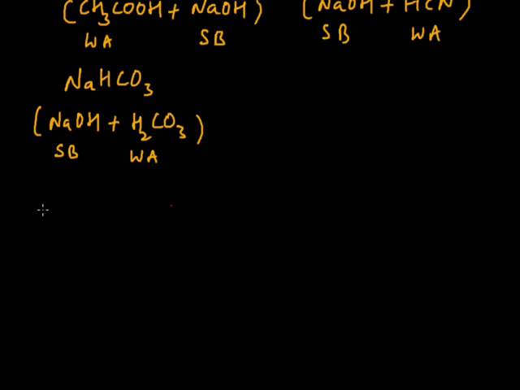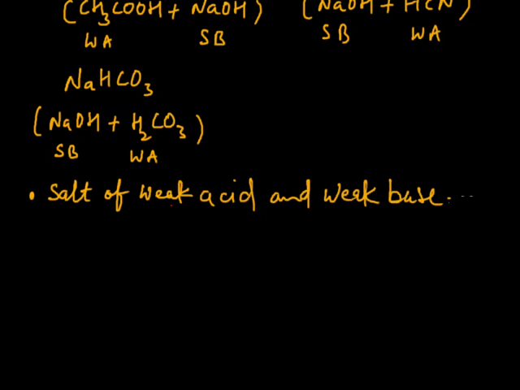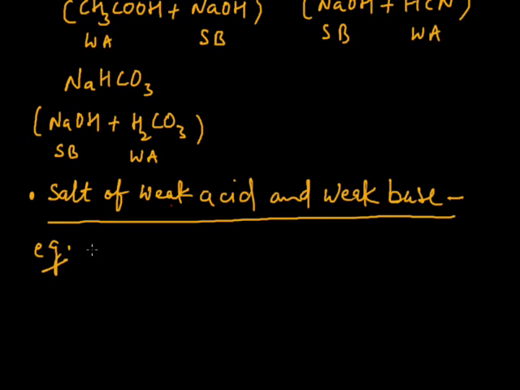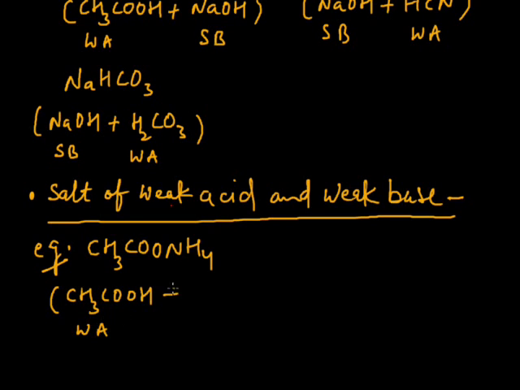The next type of salt is salt of weak acid and weak base. Examples: CH3COONH4 formed when CH3COOH, a weak acid, combines with NH4OH, a weak base.